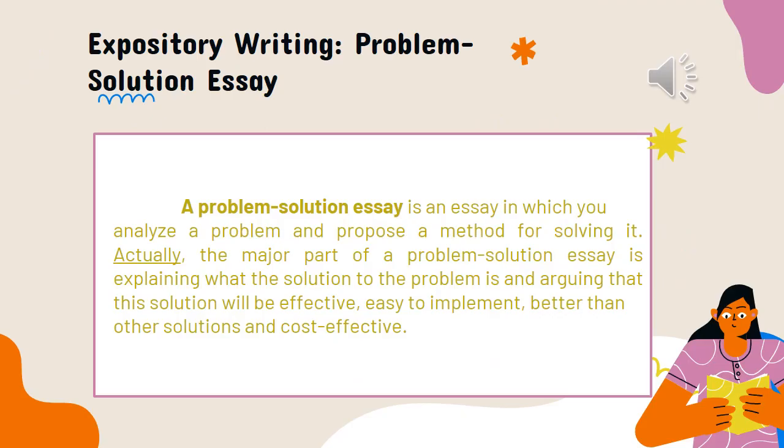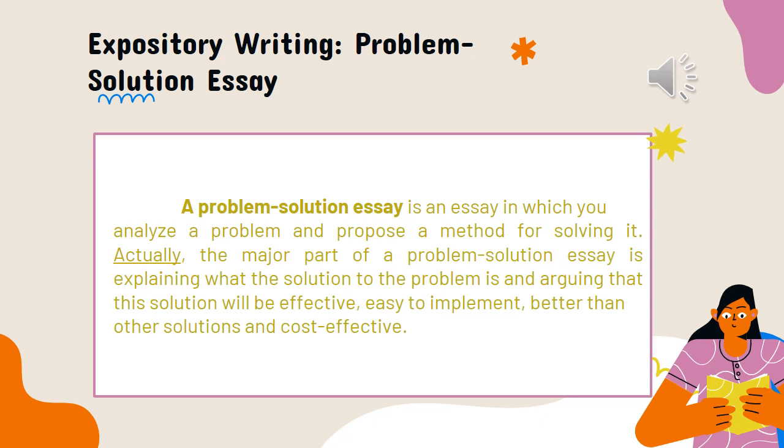So as we said, one type of expository writing would be a problem solution essay. So we will be focusing also on the problem solution essay. What is a problem solution essay? It is an essay in which you analyze a problem and propose a method for solving it.